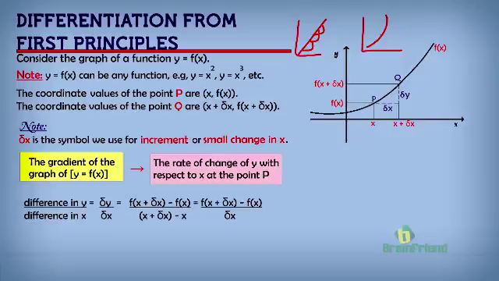Therefore, to measure change for such quantities, what we do is to find the rate of change at a point, let's say P. Now, to find the rate of change here, using slope formula, which of course is rise over run, which is our slope.